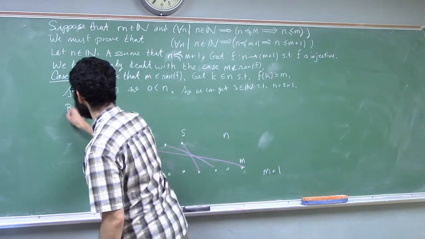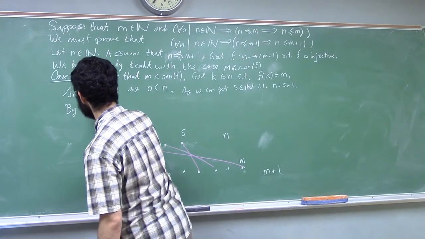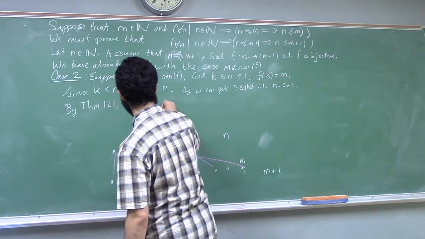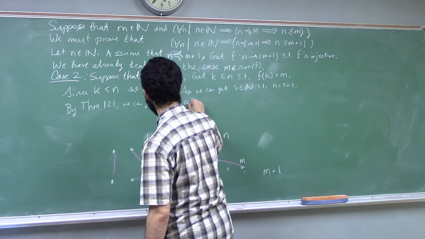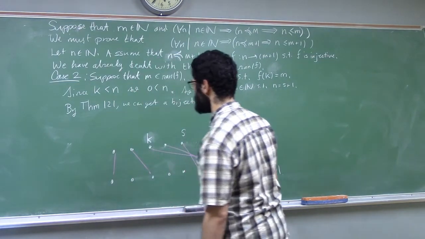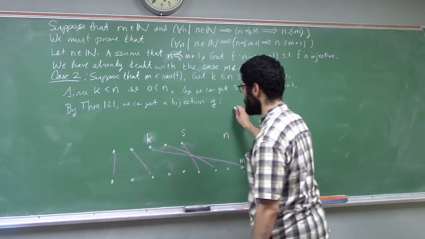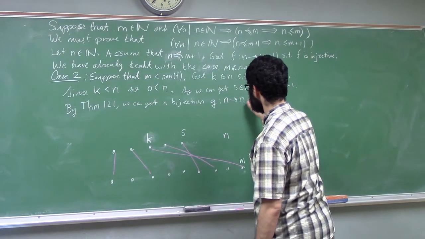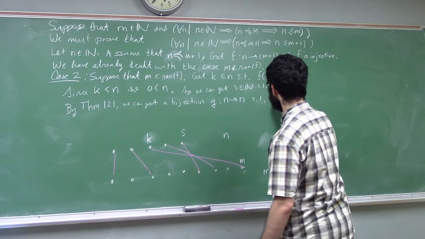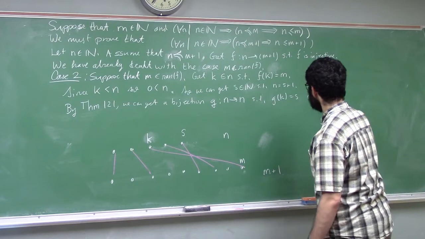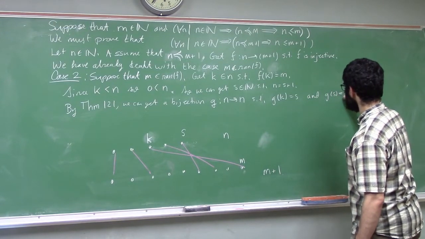So I'm going to use that theorem. By Theorem 121, we can get a bijection. Let's call it G from n plus 1 to n plus 1, such that G of k is s and G of s is k.